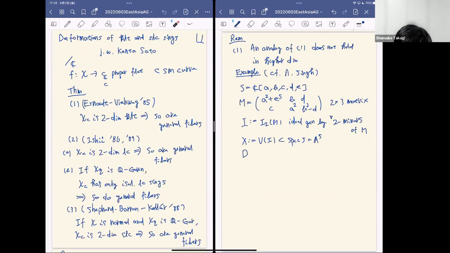We also consider the Cartier divisor D defined by E. This is a Cartier divisor in X.